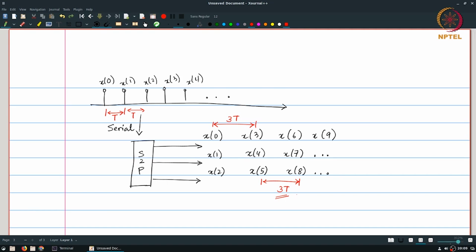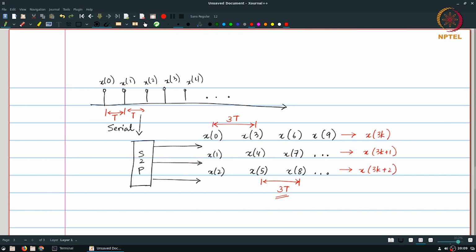The question that now comes up is, now that we have managed to split the input into 3 distinct streams, how do we make use of this information? You can observe on the right that each of these streams essentially corresponds to x of 3k, x of 3k plus 1, and x of 3k plus 2.